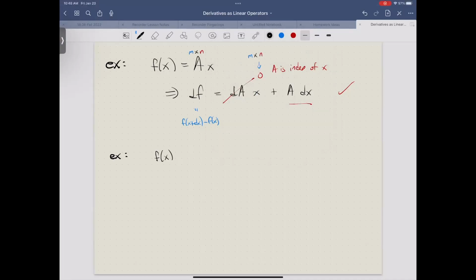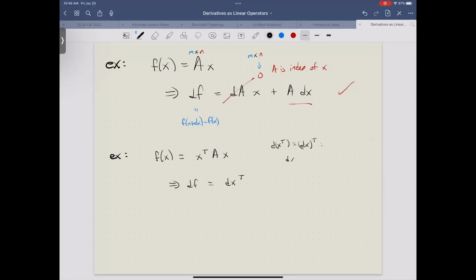So let me do another one that I did before. I did x transpose Ax, I believe. So now if I do df, I get dx transpose. This confuses people, by the way, a little bit. Why does dx transpose equal dx transpose?